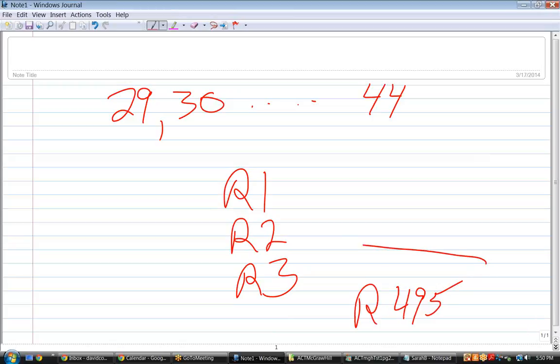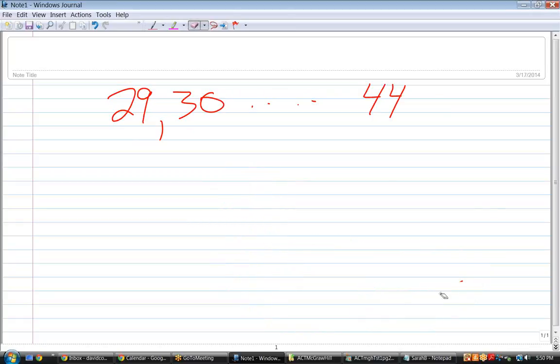So if you want to know how many rows there are in your spreadsheet between row 3 and row 495, you subtract the two numbers and add 1. Okay. That's if the first and last count, and in this case they do. In other words, 29 works and 44 works. So that is a total of 16 numbers.